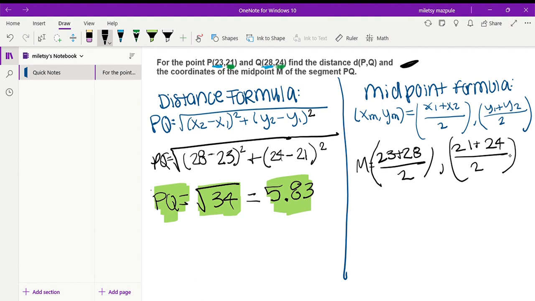So that's going to be the first value, which would be the x value in this case of the ordered pair. 21 plus 24 is going to be 45, and divided by 2, that's 22.5.